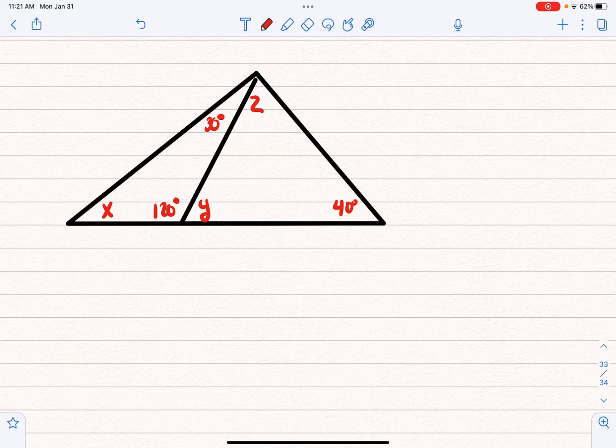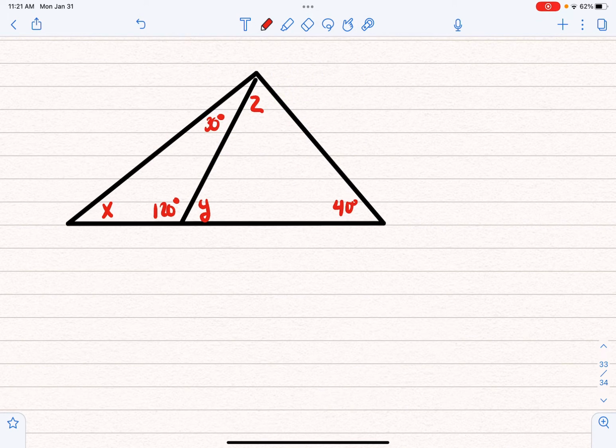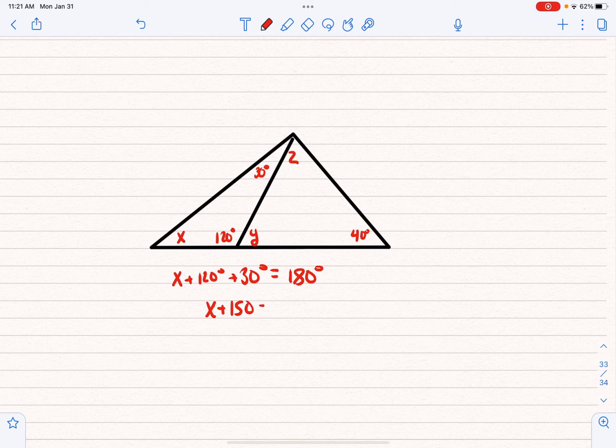For instance, I can figure out X because X plus 120 plus 30 all have to add up to be 180. So X plus 150 has to add up to be 180, therefore X has got to be 30.